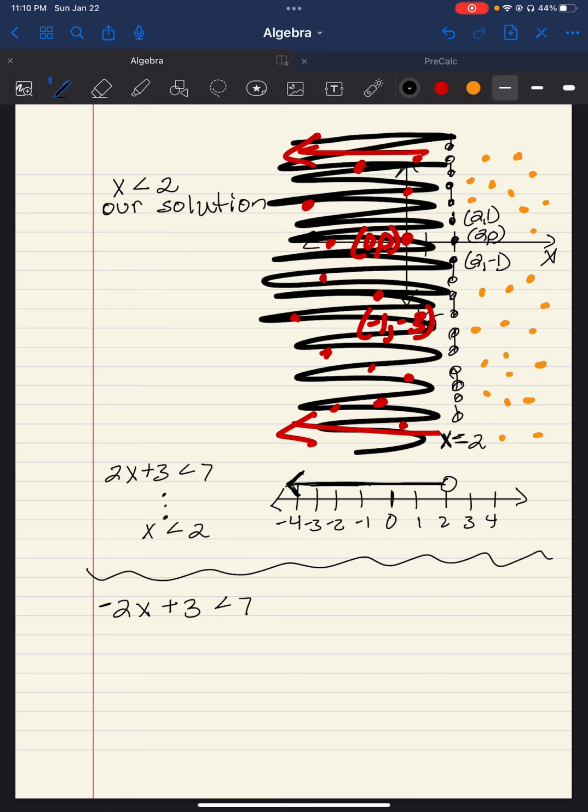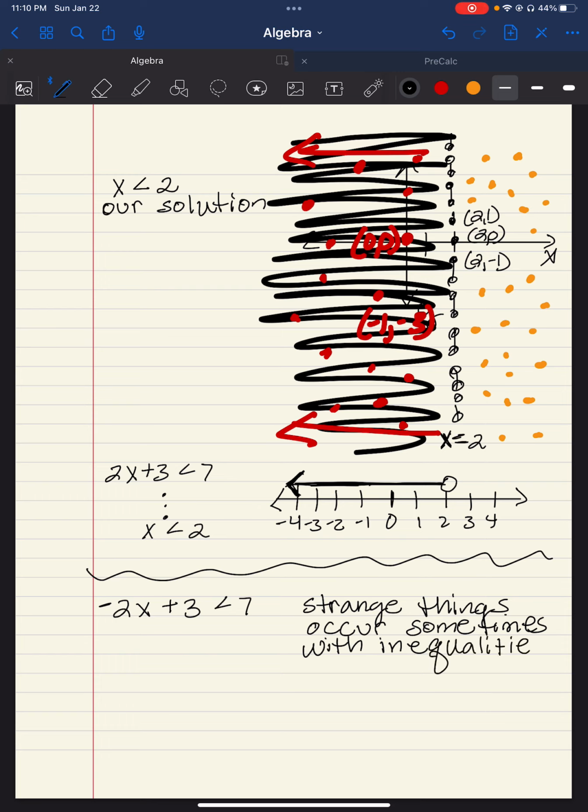Okay, let's see what happens. Strange things occur sometimes, not all the time, but sometimes with inequalities that you don't have to deal with when you're talking about just strict equations. Okay?